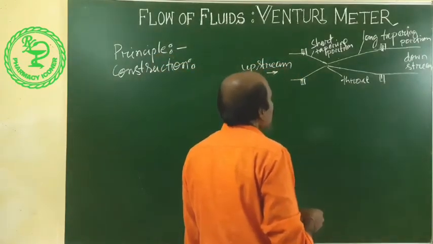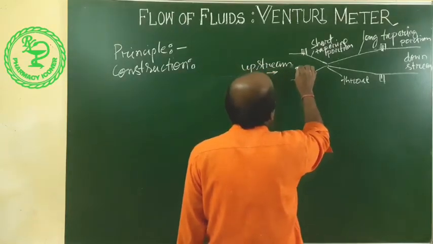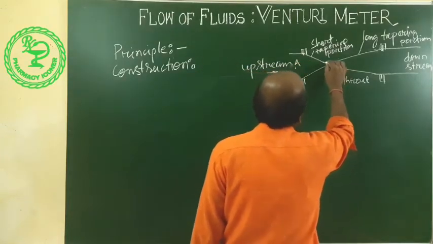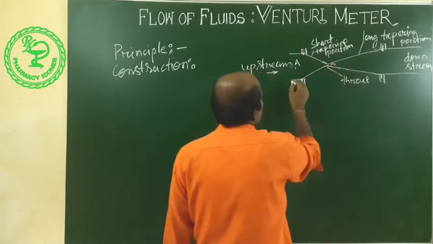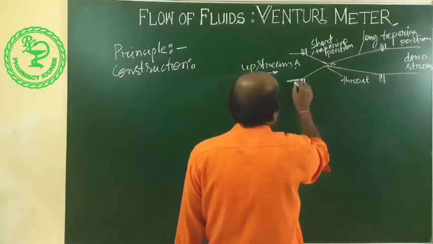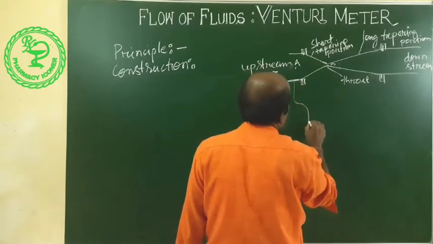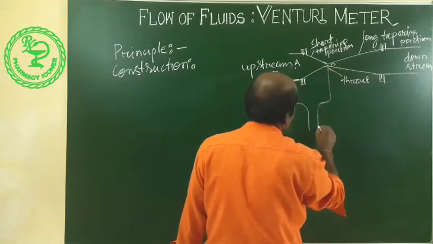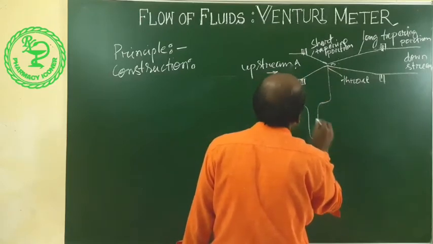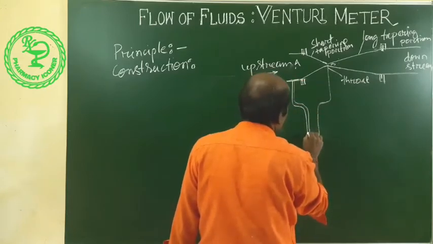Now we will add the manometer. Suppose this is the point A, and at the throat it will be the point B. We will add the manometer to the point A and point B, like that.